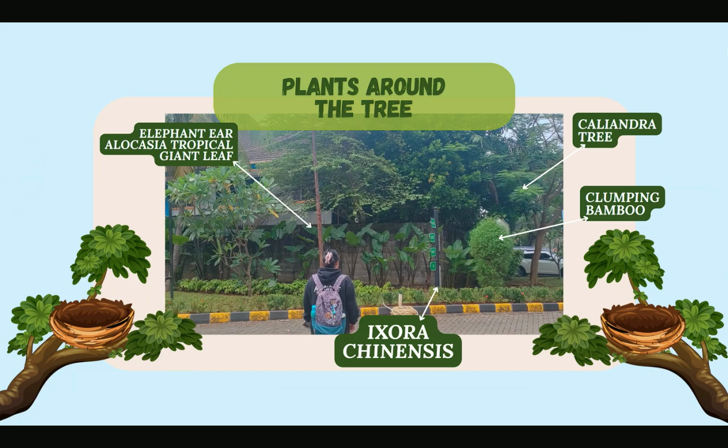In the middle front, we can see the Ixora, which is a flowering shrub often found in tropical gardens. On the right side, there are two more plants: the coriander tree, which has soft pink flowers, and climbing bamboo, which grows in groups and has a strong upright shape. These plants support the environment around the trees by providing shade, moisture, and shelter. Next slide, please.